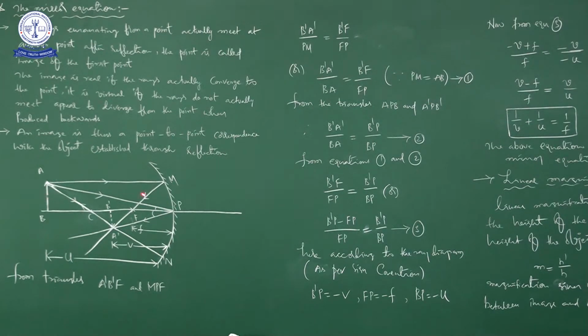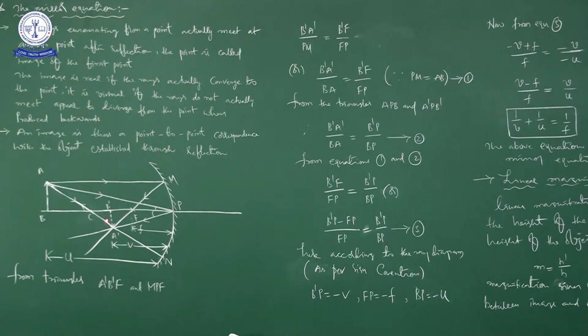Okay, right. If you see carefully here, these three, 1, 2, 3, are the incident rays. Next, 1, 2, 3 are the reflected rays. I already told you, when a light ray is passing through the center of curvature, after reflection it will retrace its path.